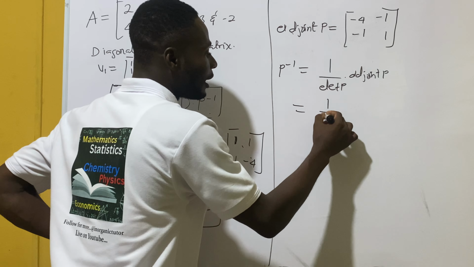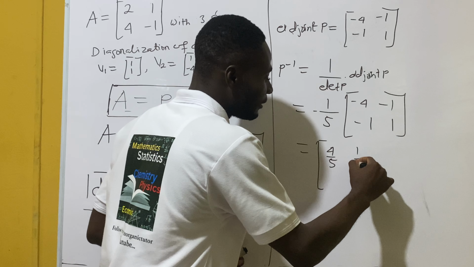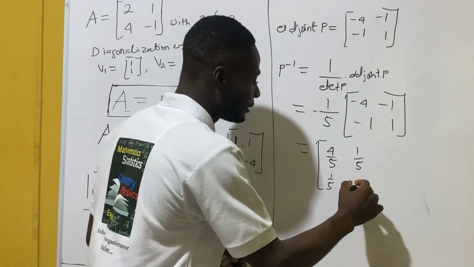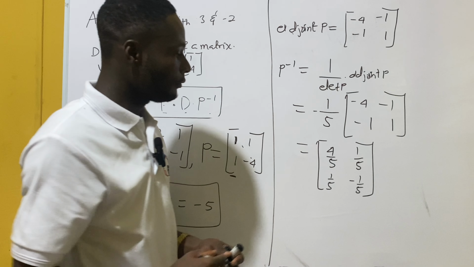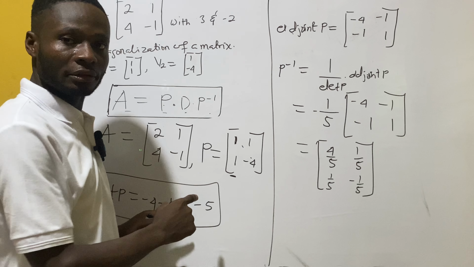When you spread the -1 on 5, you're going to have 4 on 5, 1 on 5, 1 on 5, and -1 on 5. So this becomes the inverse of P.